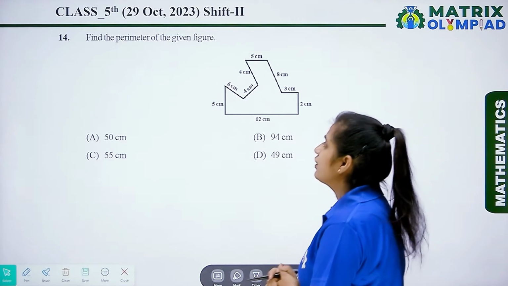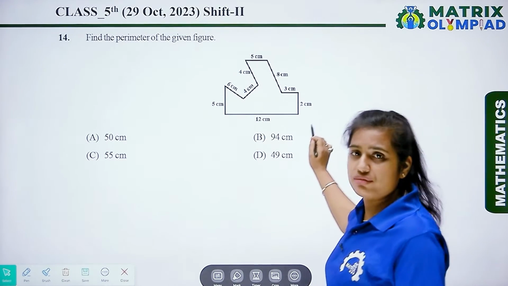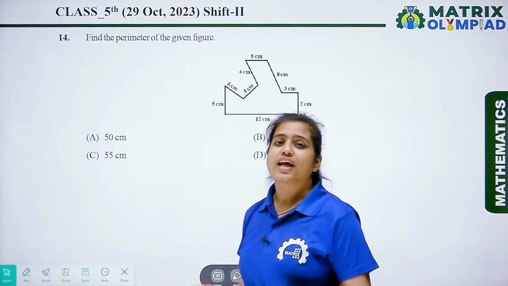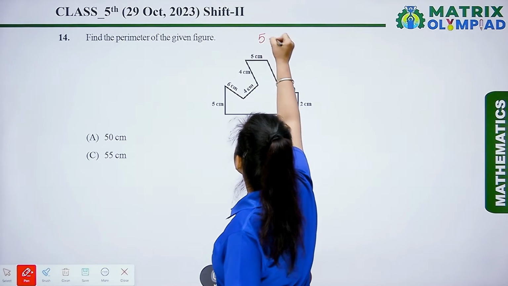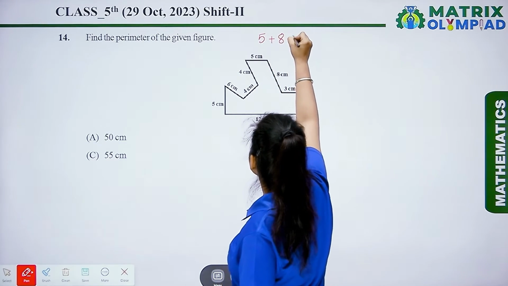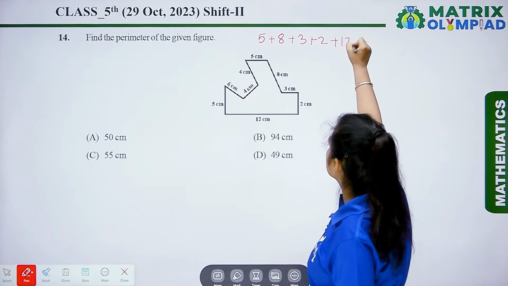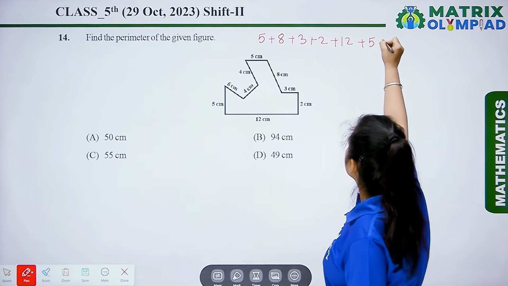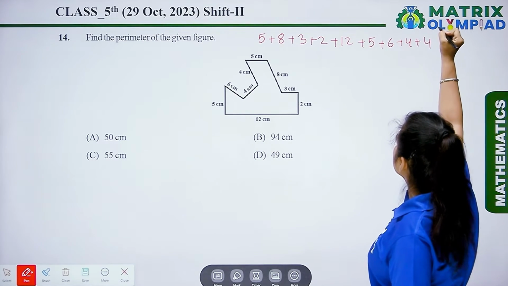So the sum of all sides is 5 plus 8 plus 3 plus 2 plus 12 plus 5 plus 6 plus 4 plus 4.